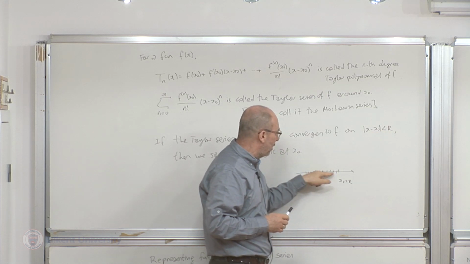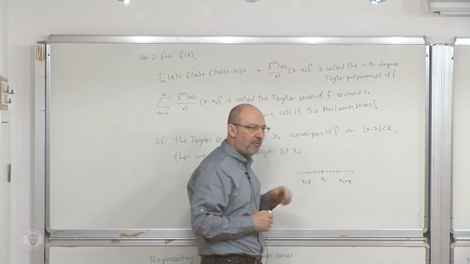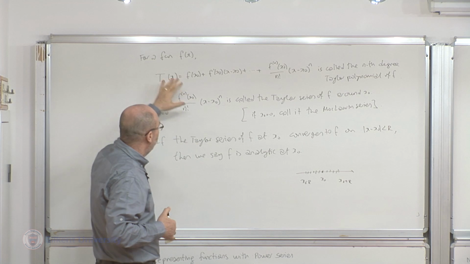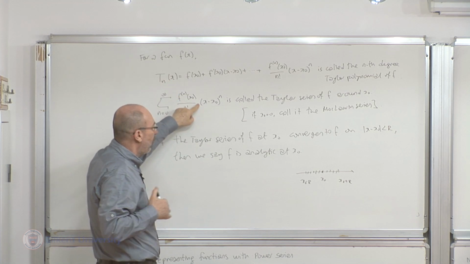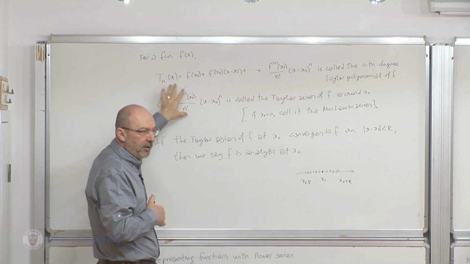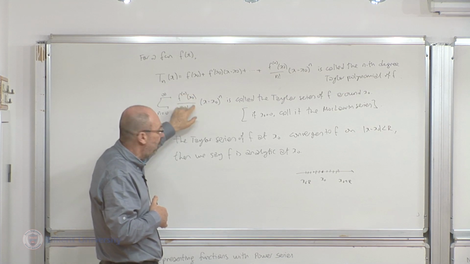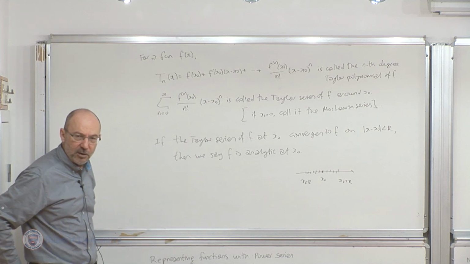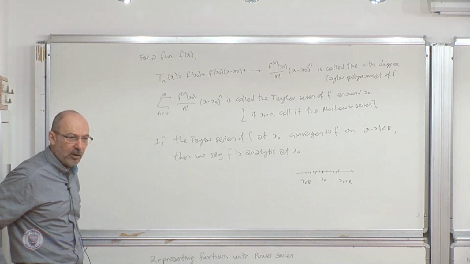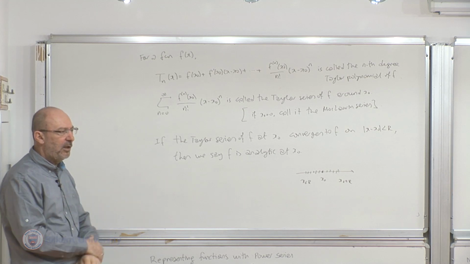There is some non-trivial interval where the series converges to the function. If the Taylor series converges only at one point, or if it converges everywhere but is equal to the function only at one point, we don't like those functions. We don't call them analytic. Analytic means that you have this freedom of calculation.